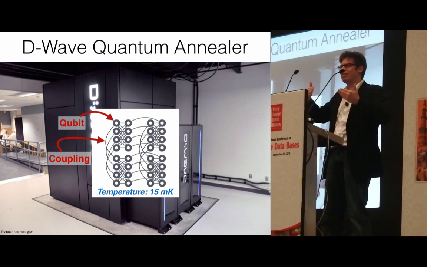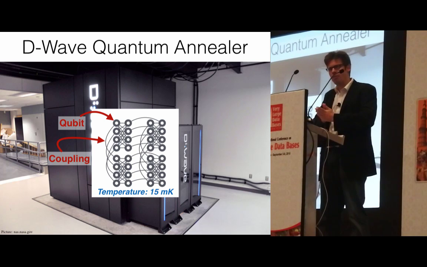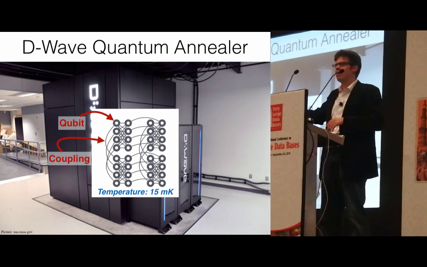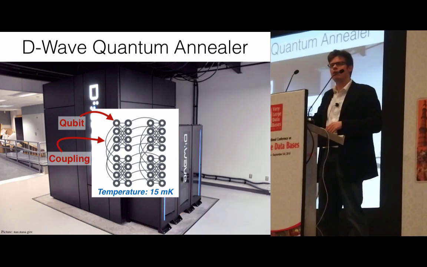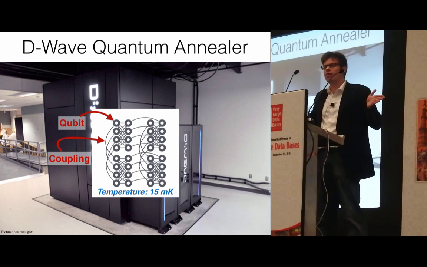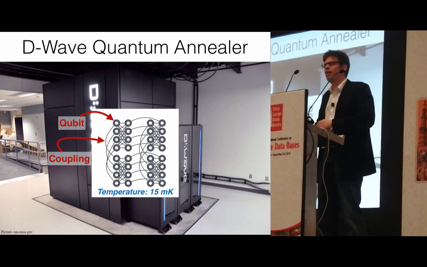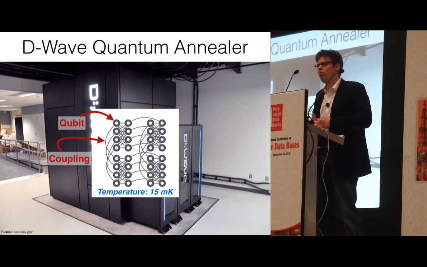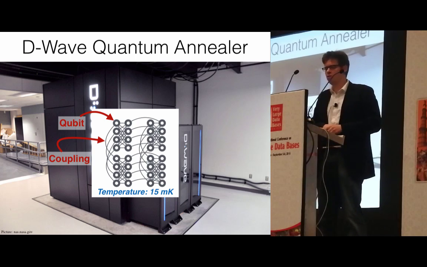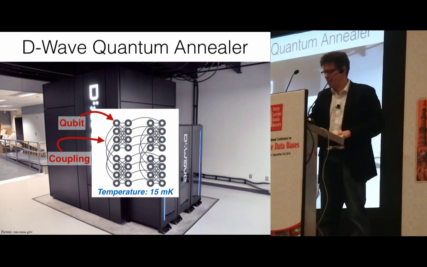The machine translates the values of those formulas into energy levels, and it executes a physical process that aims at finding the minimum energy state, which at the same time represents the minimum value of the formula. So this is a machine for minimizing quadratic formulas in binary variables, which is an NP-hard optimization problem called quadratic unconstrained binary optimization, QUBO for short.